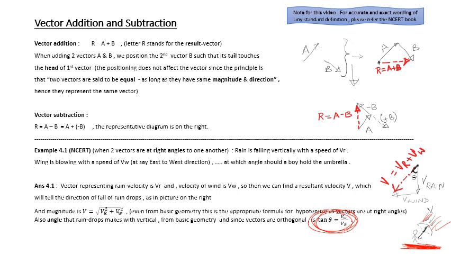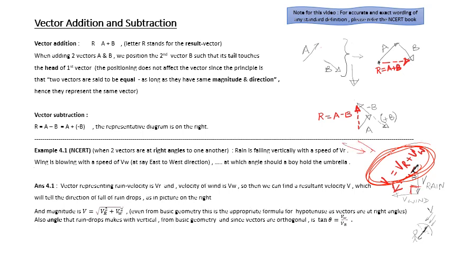Okay, just before I close, I forgot to tell you to add here that the magnitude of this slanting rain, the velocity, is given by finding the length of the hypotenuse, because this is a right angle triangle, as you can see in this diagram.